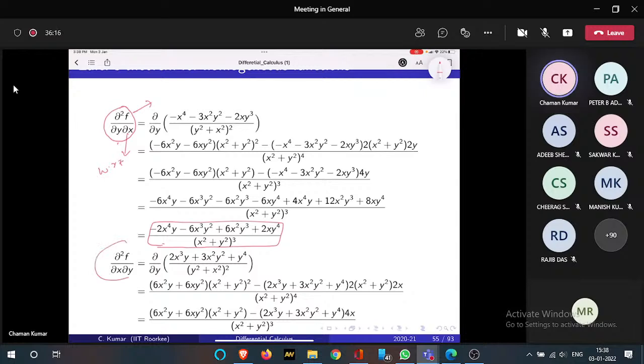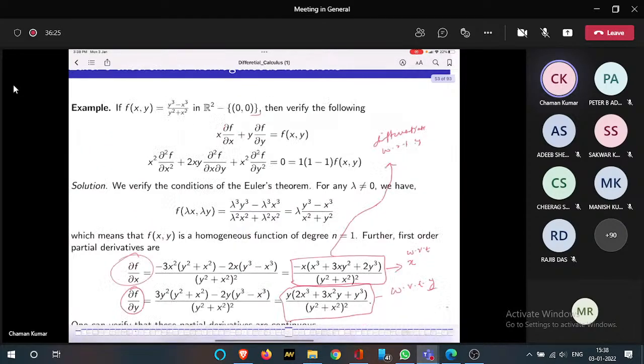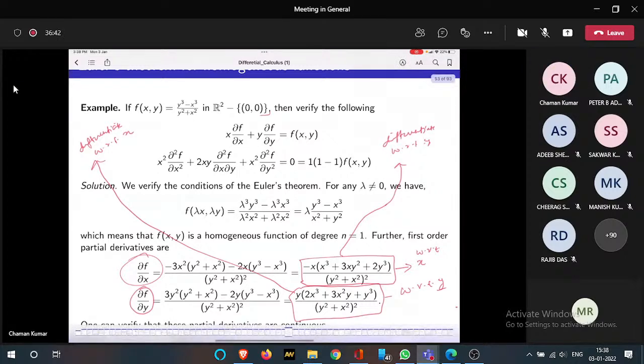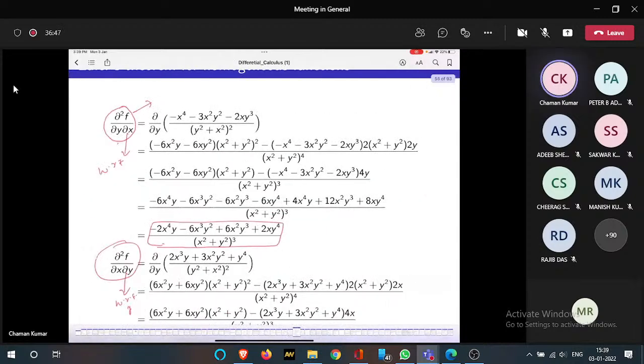And for this, we see that the first derivative is with respect to the variable y, which is this one. So when you differentiate this function with respect to the variable x by treating y as constant, you will get this one.